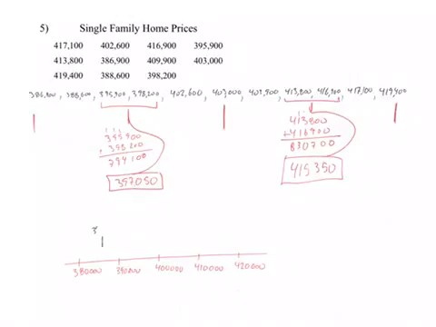You can even add that number 386. My upper number is almost there at the 42. My median is 40.